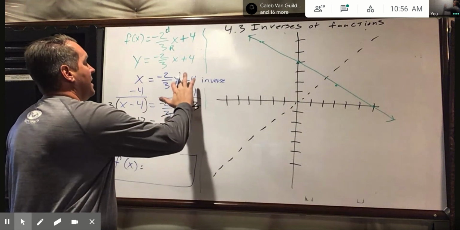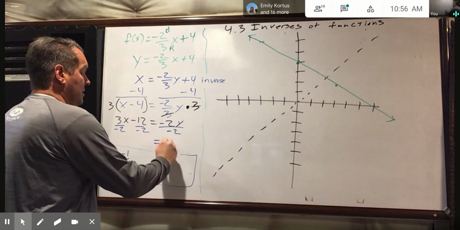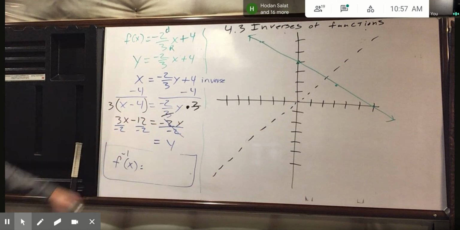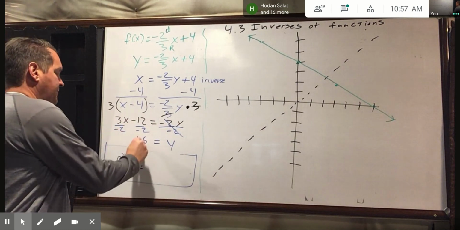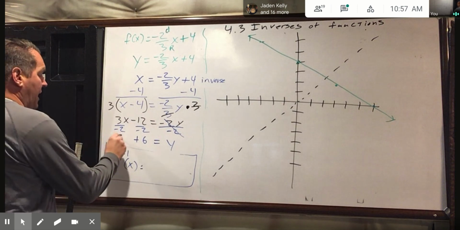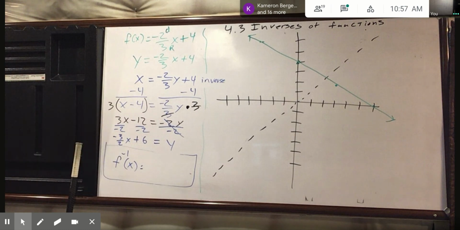I'm so sorry. Okay, I get y equals, they canceled there. A negative 12 divided by a negative 2 is a positive 6. And now a 3 divided by a negative 2 is a negative 3/2. We just moved the negative from the bottom to the top.